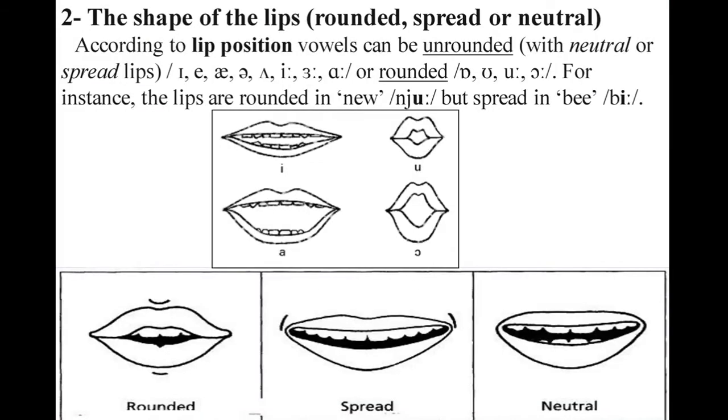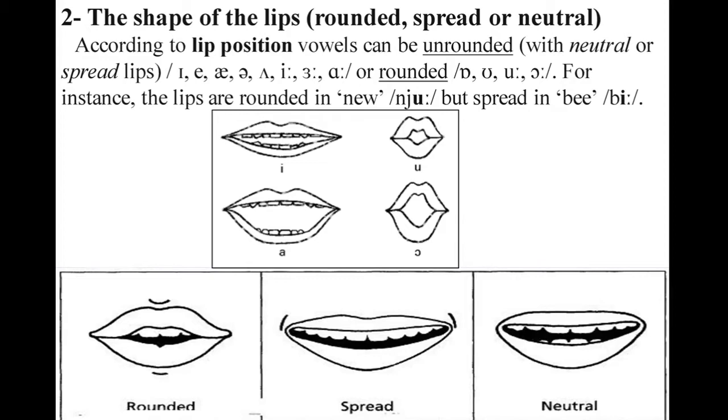Number 2 is the shape of the lips. They can be rounded, spread, or neutral. According to lip position, vowels can be produced with neutral or spread lips, like in e, a, e, or rounded like in o, u, o.